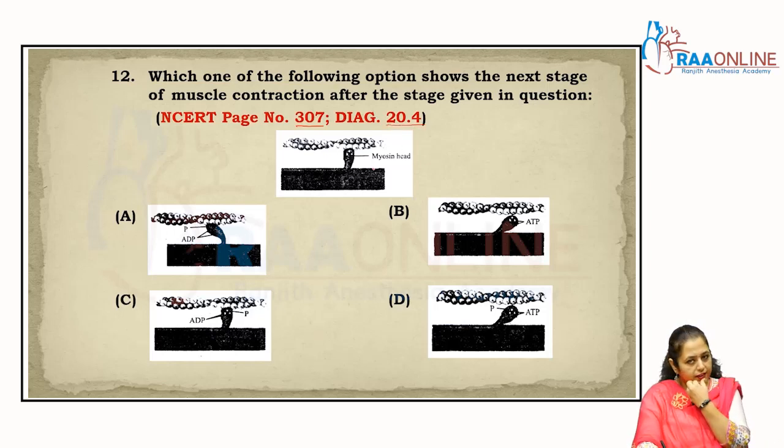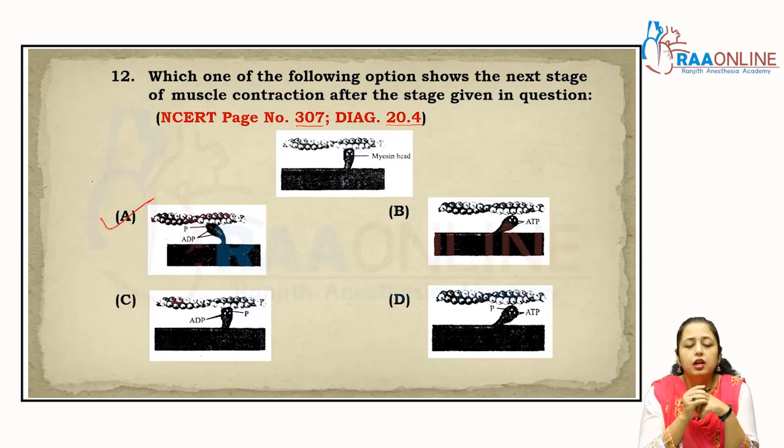So after that, when the myosin head gets combined with these effectants, what will happen? The answer is the cross bridges formation. So the answer is A, right? As we know, in sliding filament theory, at the time of the contraction phase, what will happen?